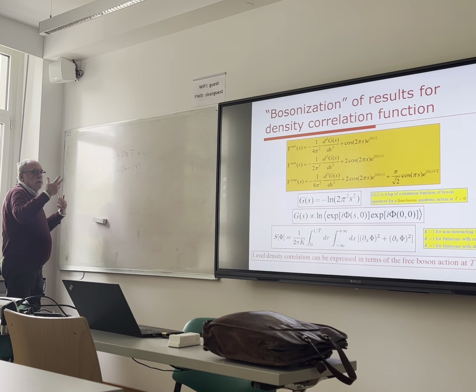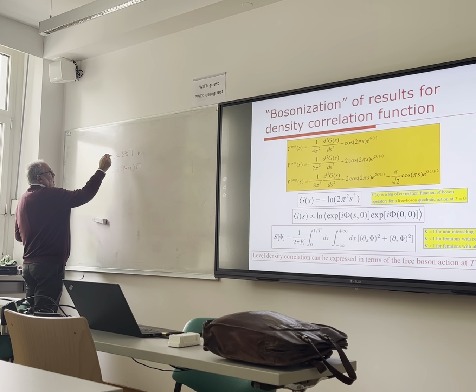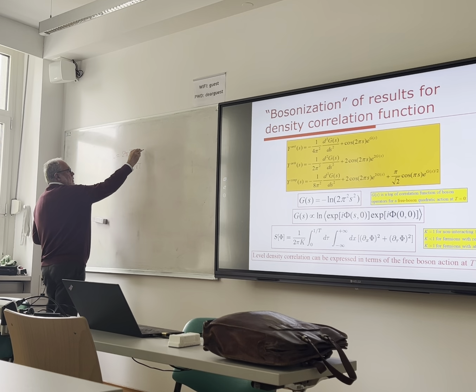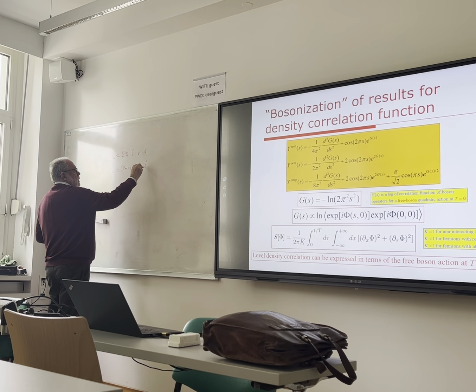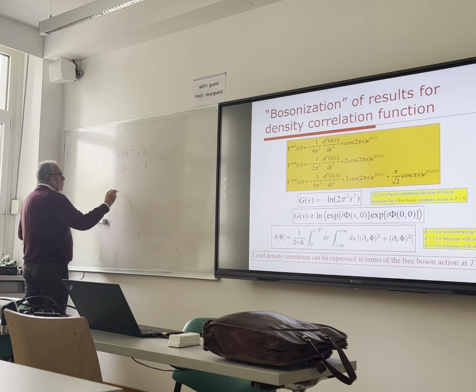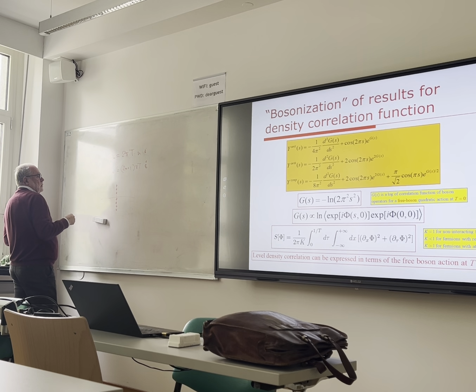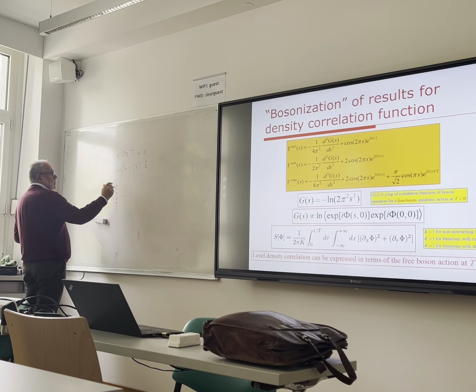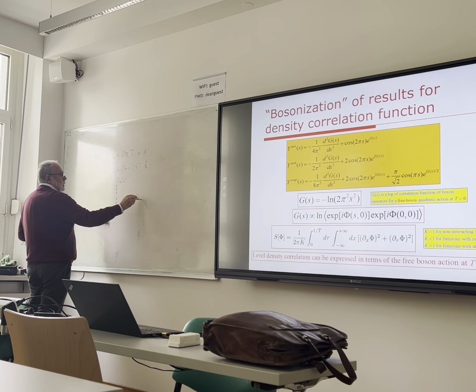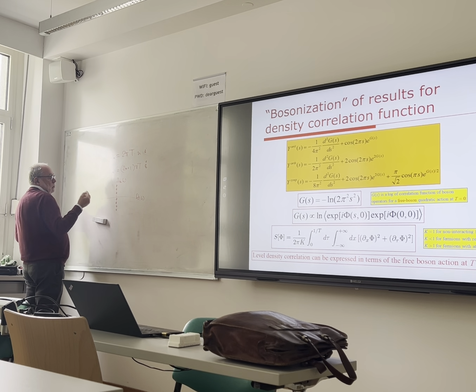Then if you make an analytic continuation, you may say that there is i omega and put the imaginary unit here, and then you know your correlation function at some discrete points of this axis.